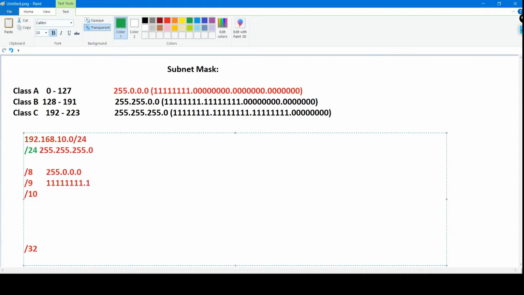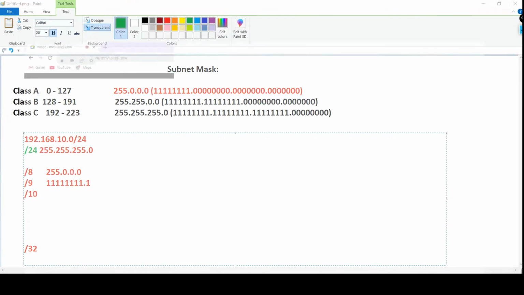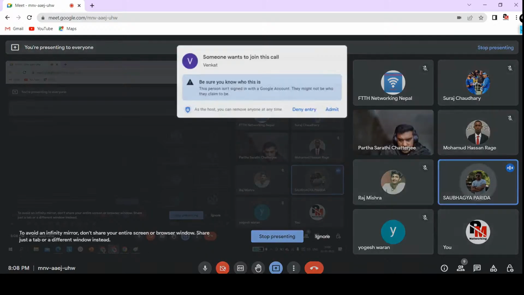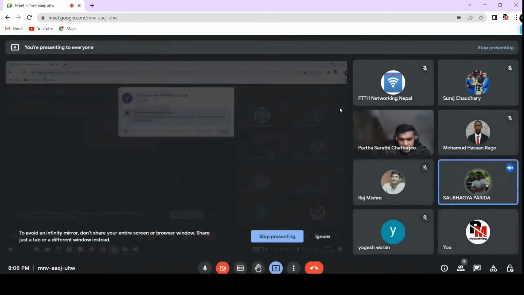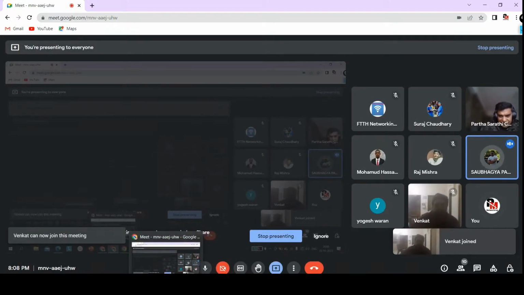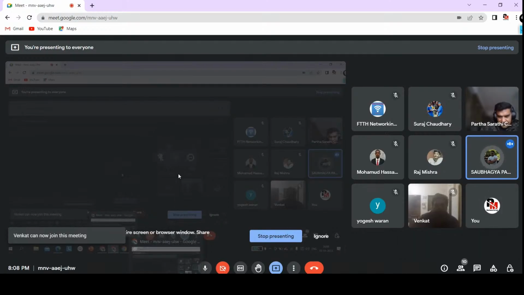Praphul ji, can you hear me? Yes. For my suggestion, before doing subnetting, we should at least have a basic idea about decimal, binary and hexadecimal conversion. If we go through this basic thing, it will be very easy for everyone, because for the host bits and network bits you need to convert binary to decimal and decimal to hexadecimal.